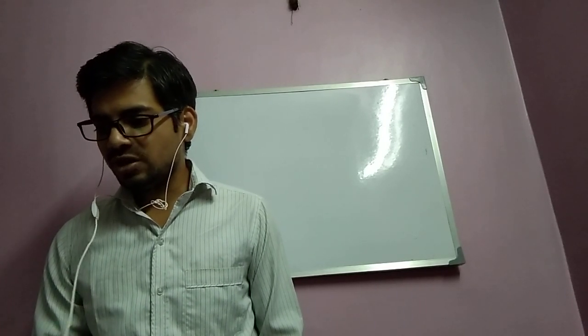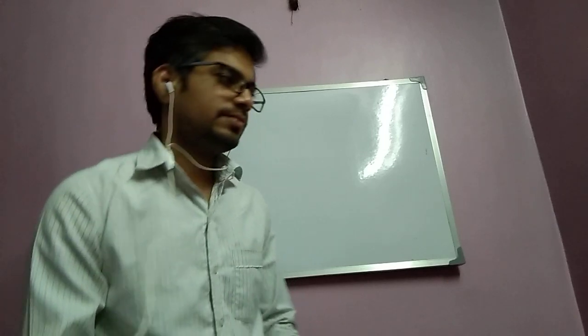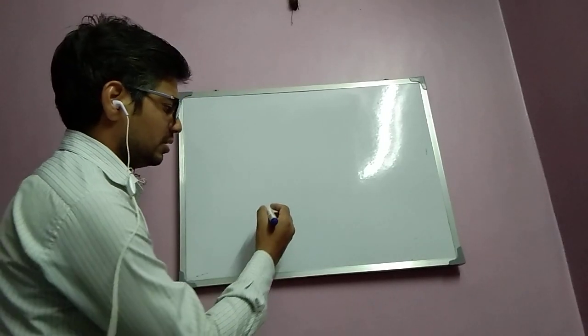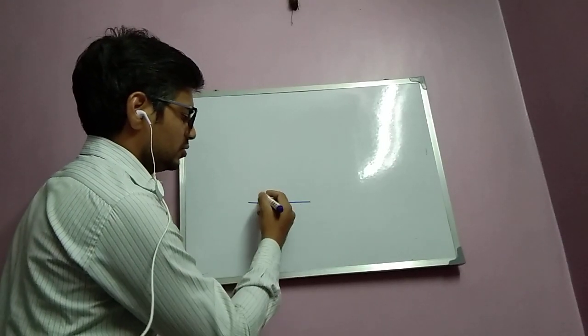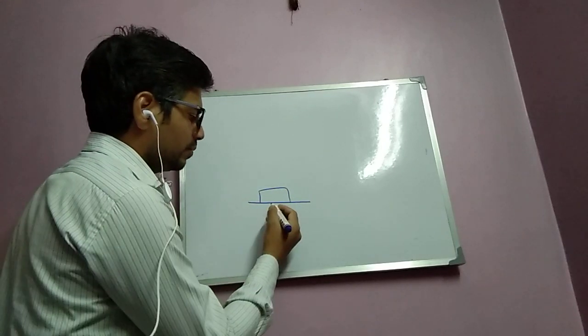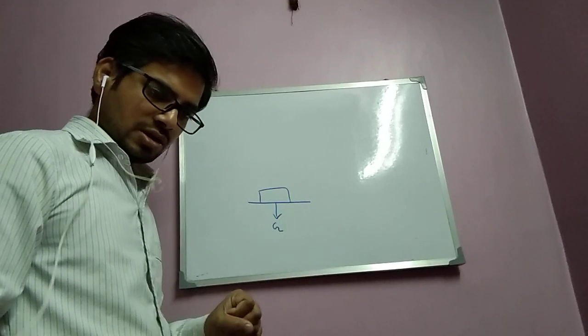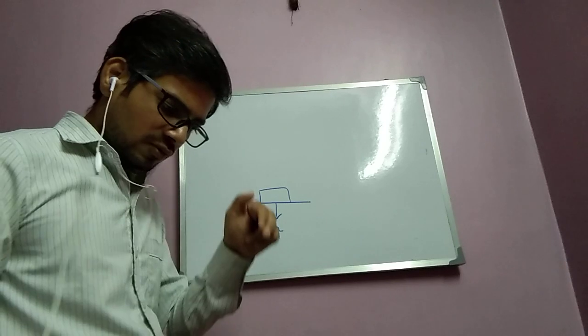Now there are some force names which you may feel that you don't know. For example, normal reaction force. Normal reaction force means that when a body is placed on a surface, for example a book placed on a table, then what will happen? The force of gravity will pull the book downwards. But does the book fall to the ground?